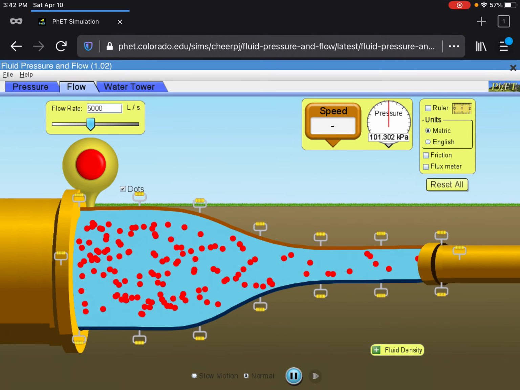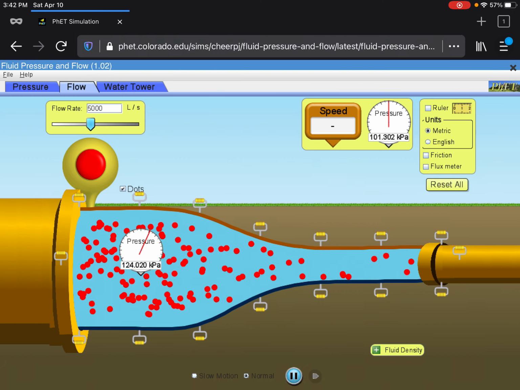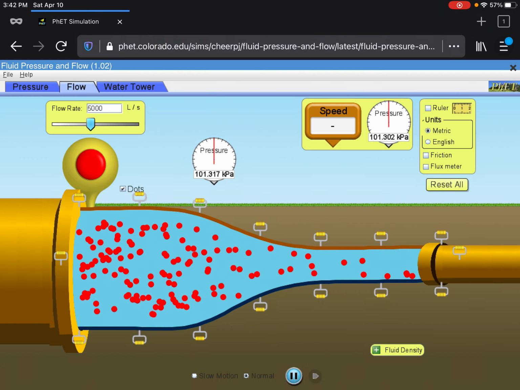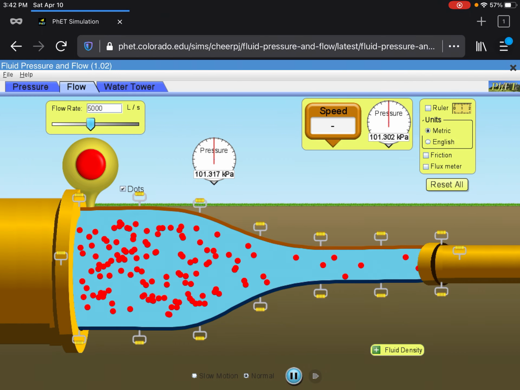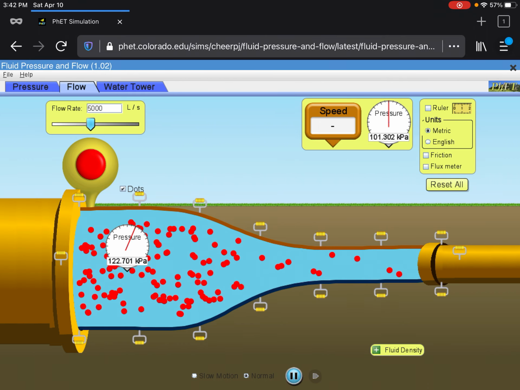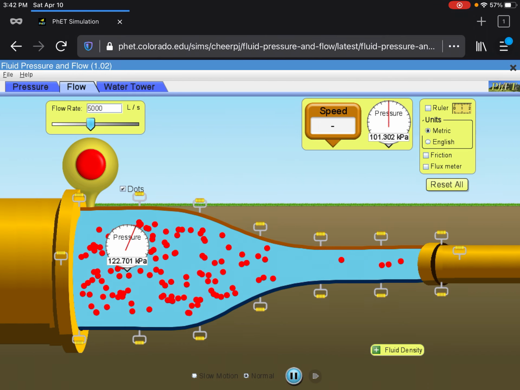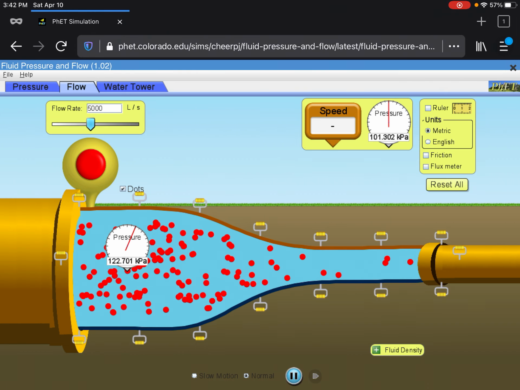And we can see that in our simulation if we bring in a pressure meter and we measure the pressure. Well, first of all, if we measure the pressure outside, we get atmospheric pressure, right? 101,300 approximately pascals. But in here, the pressure is higher, maybe about 123 kilopascals or 123,000 pascals.